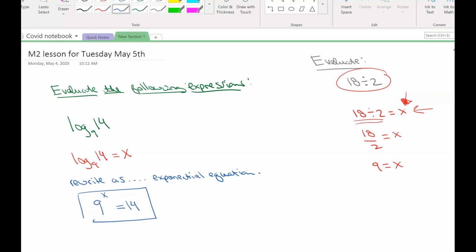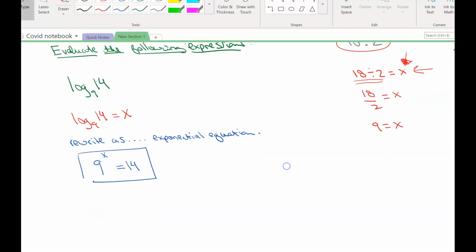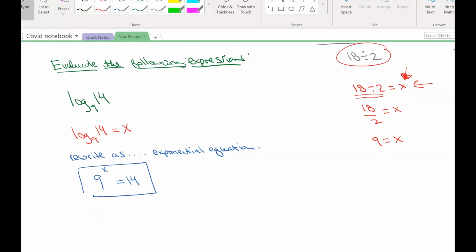Now, here's where things get really interesting. When you're given expressions to evaluate, I'm going to put a dot, dot, dot here because you know what to do. You finish using the common logarithm, which means you finish solving for x by rewriting 9 and 14 as exponents of the base 10, hence the word common.